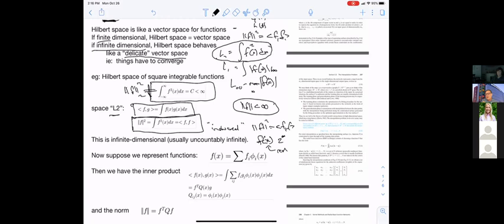But that doesn't mean that they have to be that big. If I restrict this space in some way, say to the set of functions that have continuous derivatives, note that nothing about this definition says those things have to have continuous derivatives, or even have derivatives at all. But if I restrict it to the set of functions with continuous derivatives, that's a much smaller space.